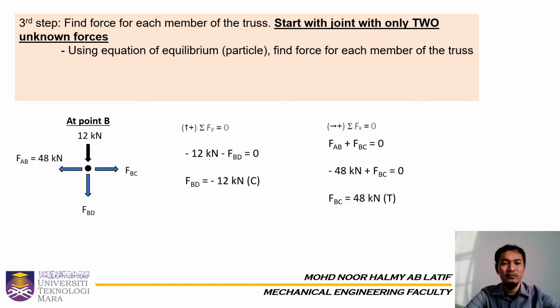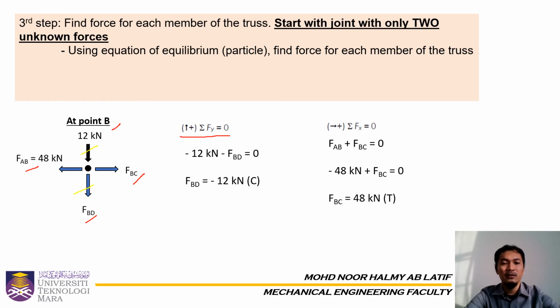Next, we move to point B. Here at point B, we have three unknowns, which are FAB, FBD, and FBC. However, we already found the value of FAB at the previous point, which is point A. By using the summation of forces in the y direction, we're going to have only two forces, which are 12 kilonewton pointing downwards and FBD.